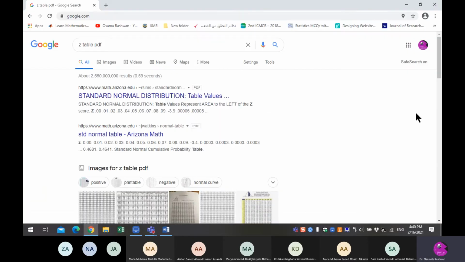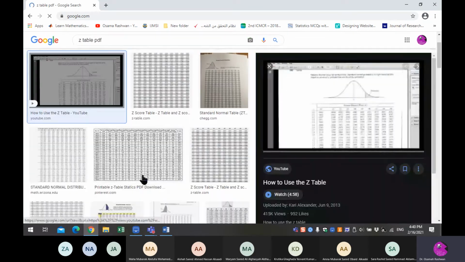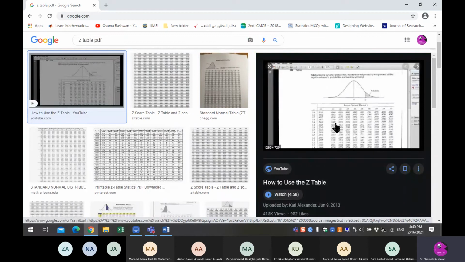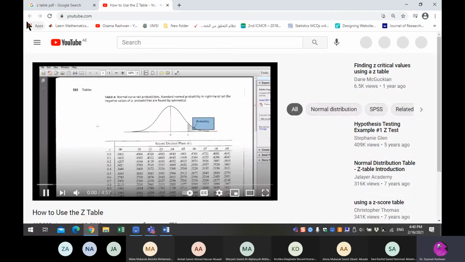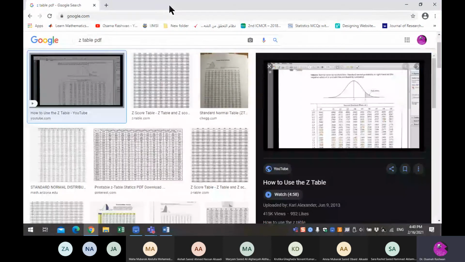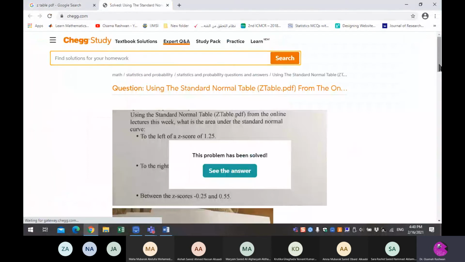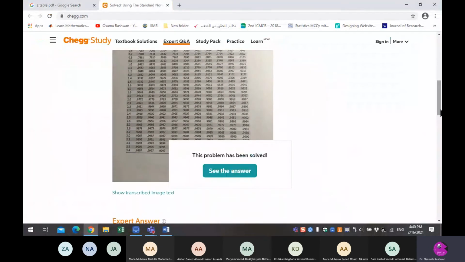I was going to my Google. Oh, sorry. I don't need that. No, I don't like to go. This one I go for. Okay, this is the Z table.